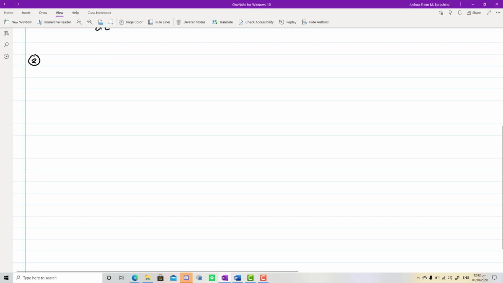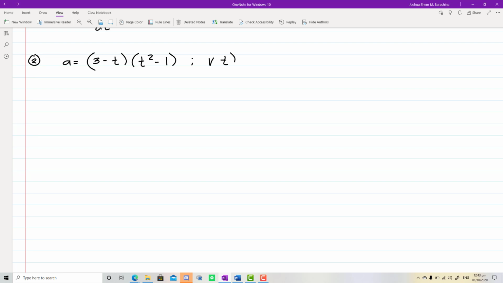Second example. What if you are given the acceleration equation? How about this one? And you are looking for the velocity in terms of time and the position in terms of time.